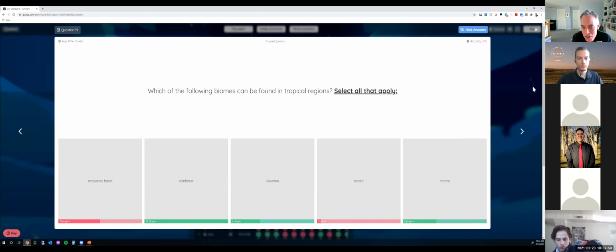Which of the following biomes can be found in tropical regions? Select all that apply. In this case, there were 3 correct answers. You can have marine biomes in tropical regions, right? There are oceans in tropical regions. There are savannas in tropical regions, and there are rainforests in tropical regions. What is the temperate version of a savanna?